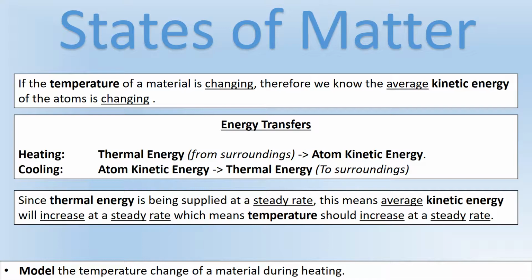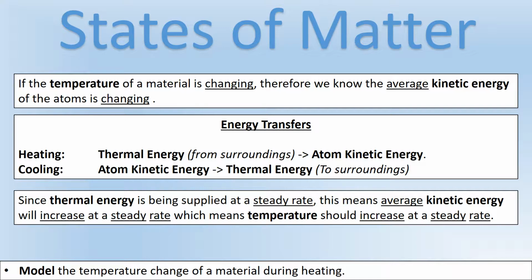So in terms of describing the energy transfer occurring, if we're heating something, we're taking thermal energy from the surroundings, often in the form of a heater or something like that, and we're converting it into kinetic energy of the atoms. If we're cooling something, that means we're taking some of the kinetic energy that atoms have and we're sending it out to the surroundings as thermal energy, and there's a few different processes for doing that, which I'll look at in a later video.